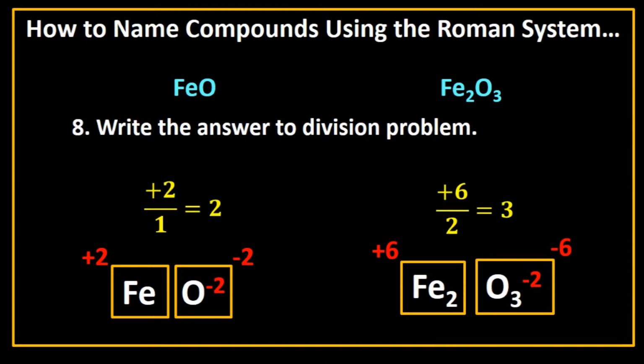In the case of FeO, that's going to be +2 over 1, which is 2, and then +6 divided by 2 equals 3 for the Fe2O3. So now you've written the answer to the division problem.